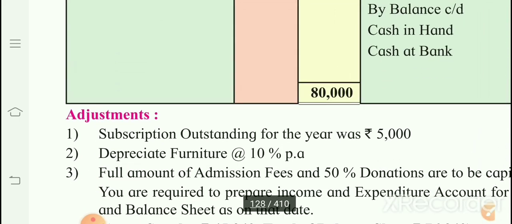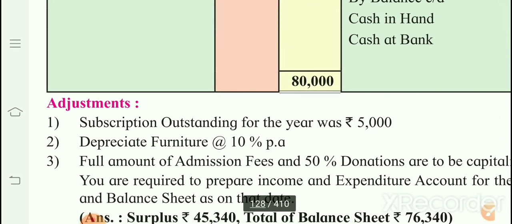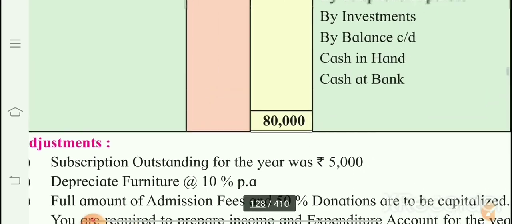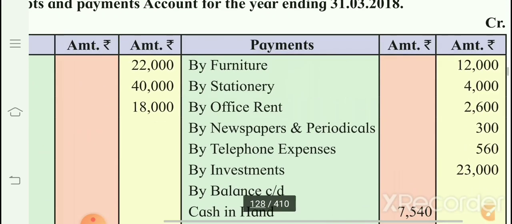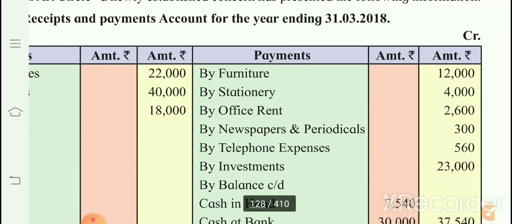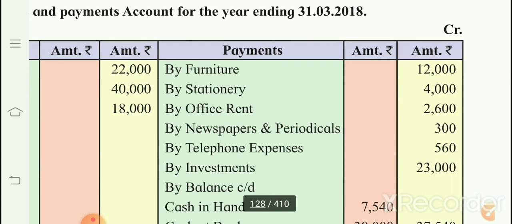Next adjustment is depreciate furniture at 10% per annum. In receipt and payment account, on payment side, furniture is provided with rupees 12,000. So we will charge 10% of 12,000. It will be 1,200. This amount will be deducted from asset side in balance sheet.